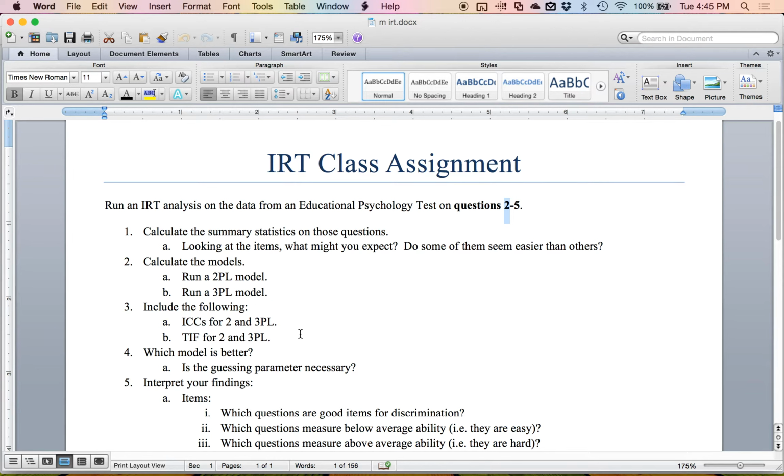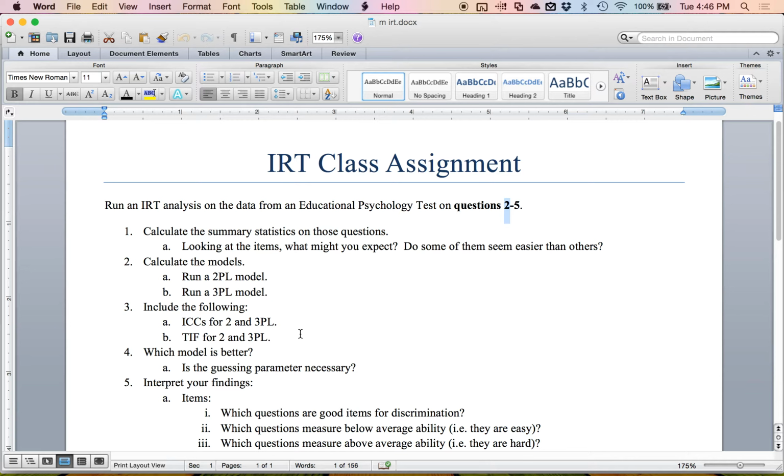So if your difficulty parameter or your location parameter is negative, that implies that the question is too easy. Lots of people are getting it right. So it's measuring the lower end of the distribution. So questions that are too easy, everyone gets them. So only the people at the very bottom of the distribution are missing them. Okay.